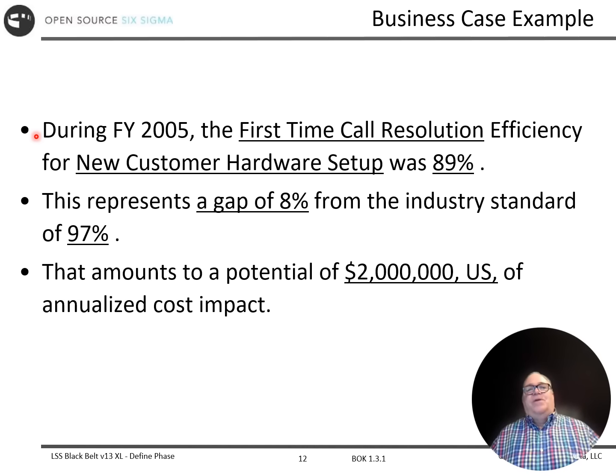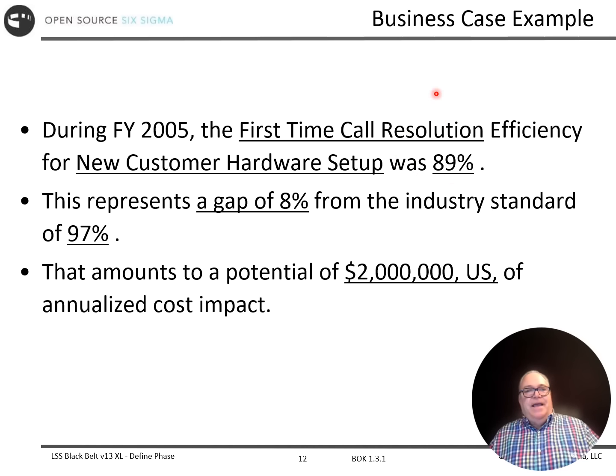In this case, we're saying during the past fiscal year, the first time call resolution efficiency for hardware setup was 89%. So this is some type of a call center. People purchase hardware and then they call in to help get the hardware set up. And we have an 89% efficiency where we don't have to escalate the call to a higher help desk in order to resolve the situation for the customer.